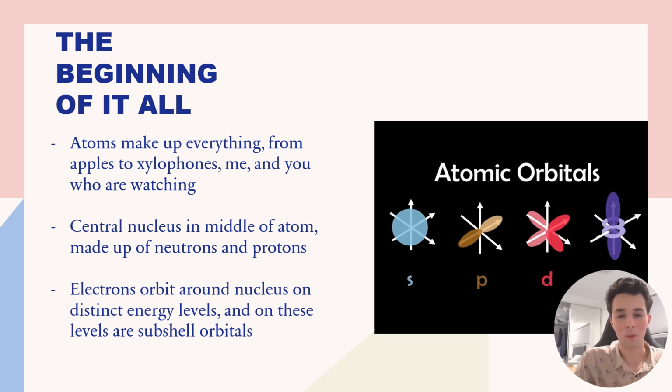You have an s orbital on your first shell, then your p orbitals start from your second, your d from your third, and your f on your fourth shell. They're demonstrated here with all the different probability spots where they can be. So electrons can exist in s, p, d, and f orbitals. Pretty exciting.